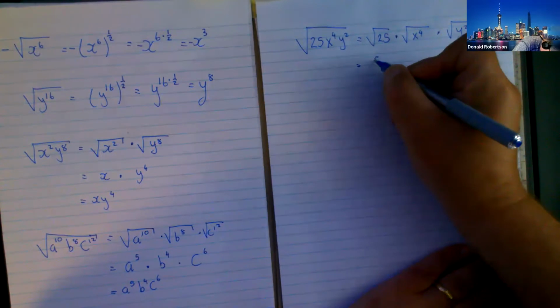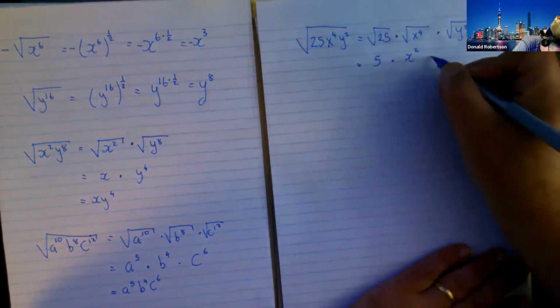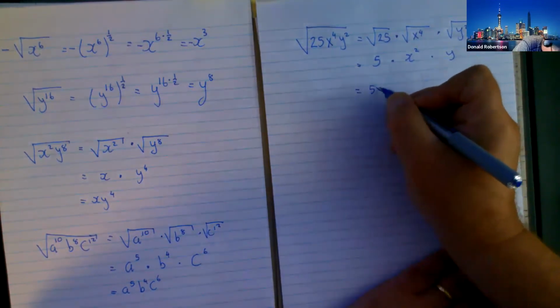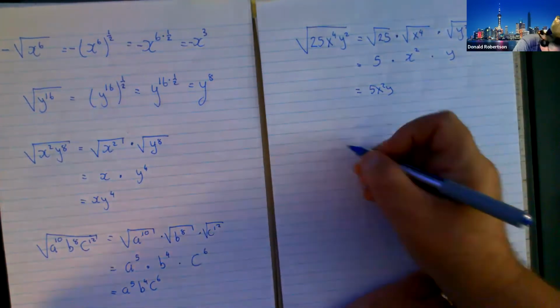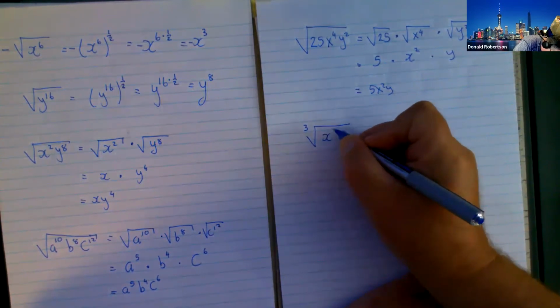This guy is 5. This guy is half its power. This guy is half its power. So your answer becomes that one. You're finished. Now you can do the same thing with cube roots.